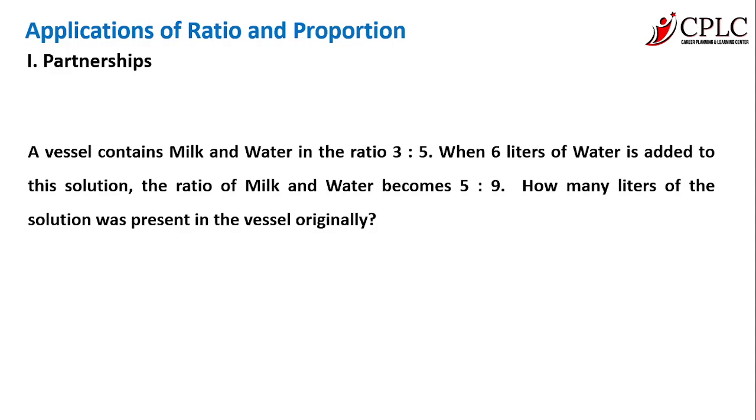A vessel contains milk and water in the ratio 3 is to 5. When 6 liters of water is added to this solution, the ratio of milk and water becomes 5 is to 9. How many liters of the solution was present in the vessel originally? That is what they are asking.